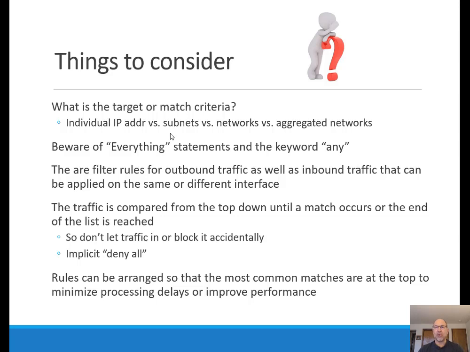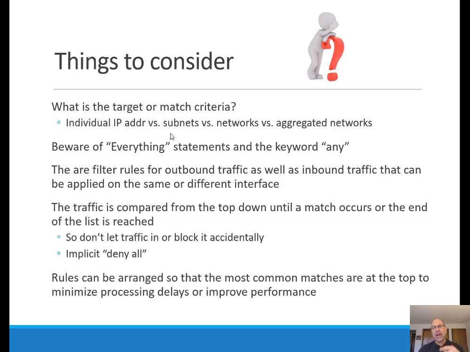Now, historically, we used to say that you want to be careful of the performance of your devices. If you put your rules in the wrong order, then you may be forcing a whole bunch of rules to be tested before you get down to the one that matches. So for example, let's say that you're allowing all of your nodes to go to the web. And then you have a whole bunch of things that you deny. Let's say you have 100 deny statements out there.